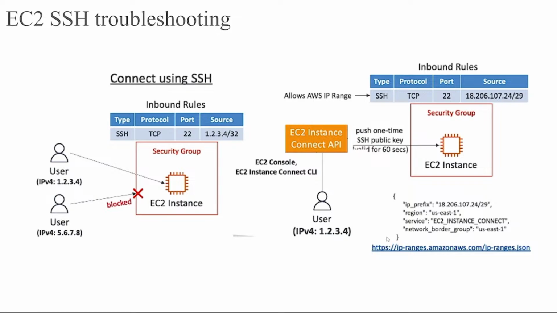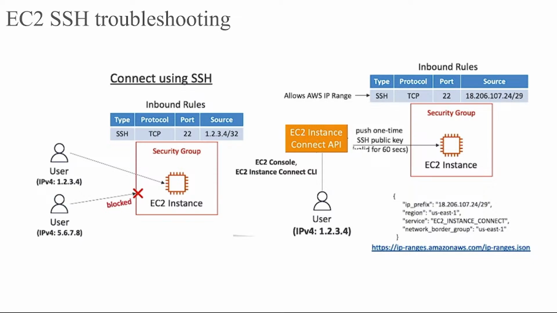Suppose you are a user whose IPv4 is 1.2.3.4 and you are connecting to the EC2 instance via the API, then it will give you a one-time SSH public key which is valid for 60 seconds to connect to your EC2 instance.